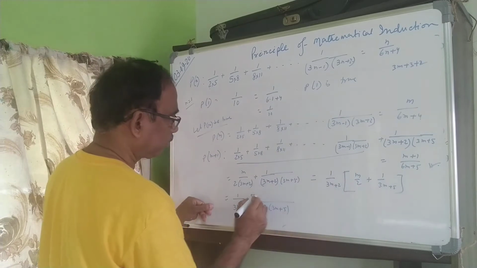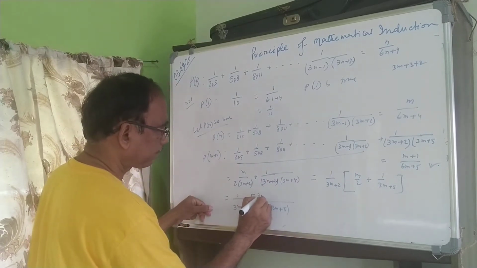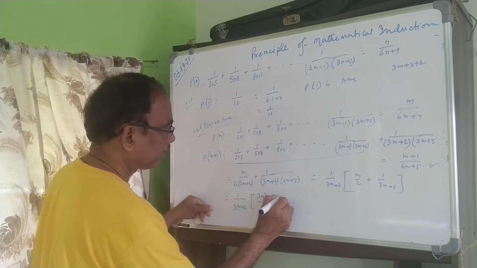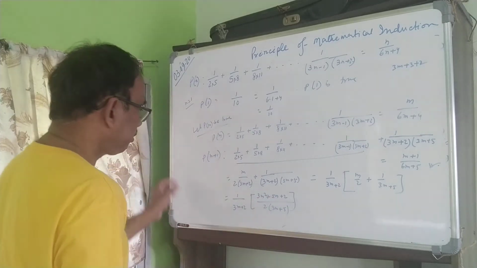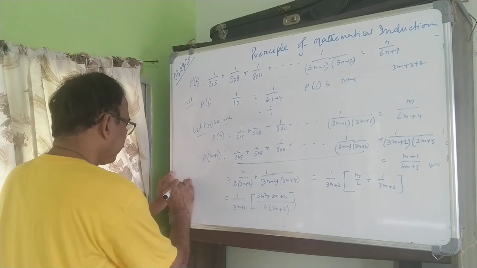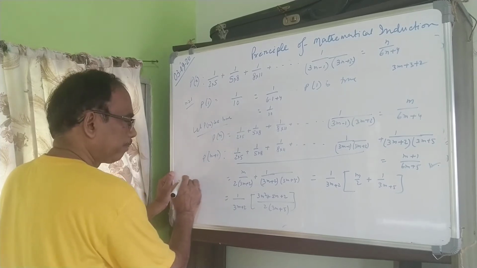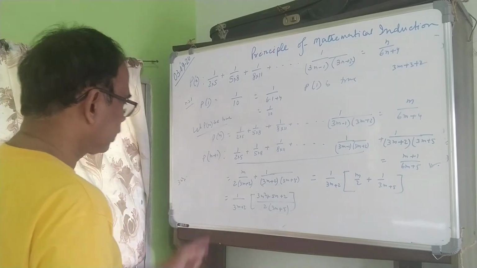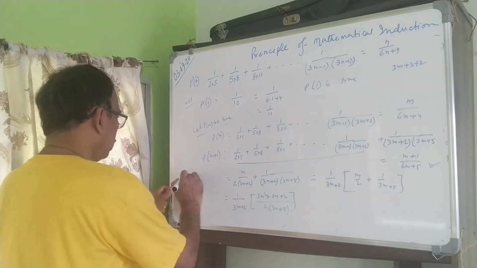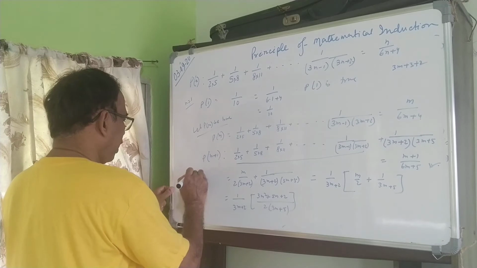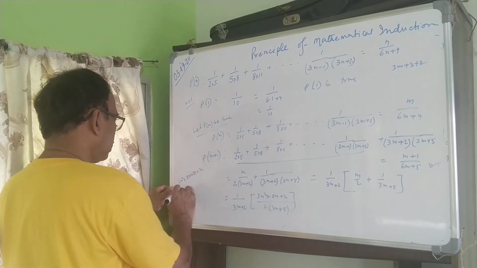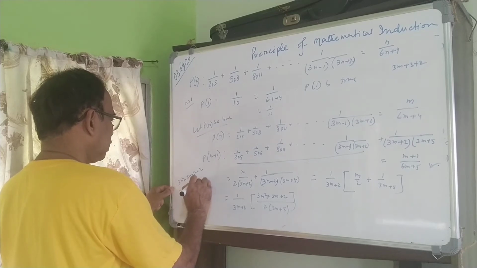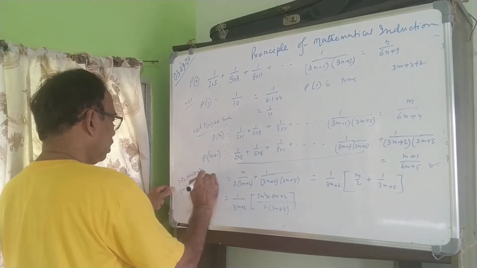LCM, then 3m square plus 5m plus 2. 3m square plus 5m, middle term break: 3m square plus 5m plus 2, 6 is 3 plus 2. 3m plus 2m plus 2. Here 3m common, m plus 1, plus 2 common, m plus 1.